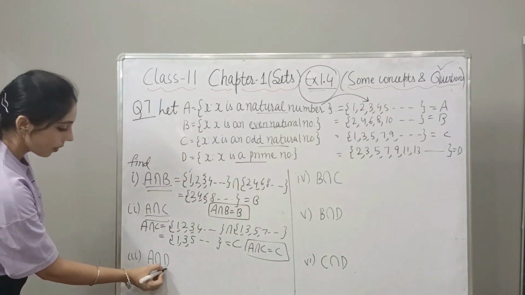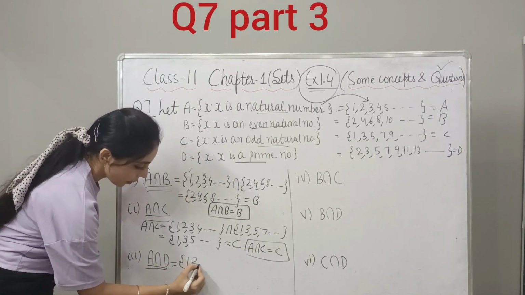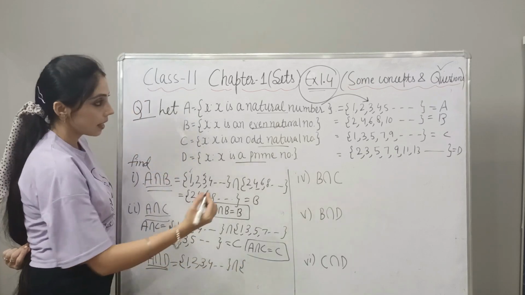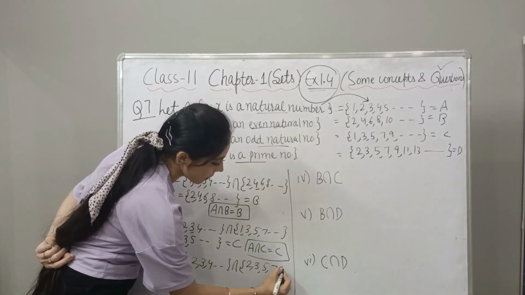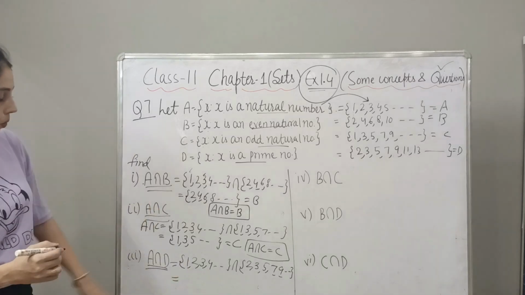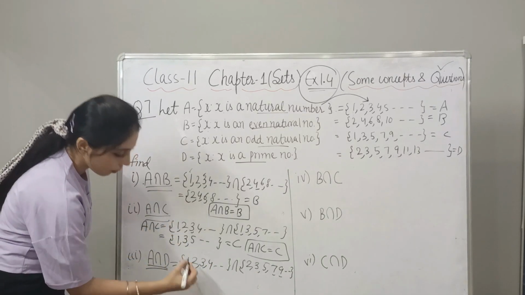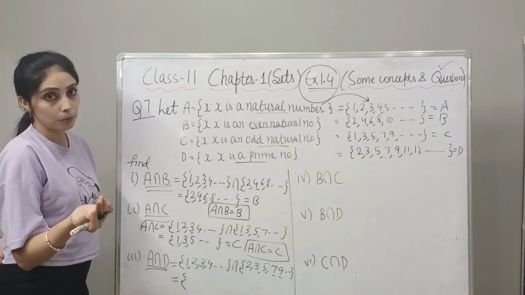Okay. What about A intersection D? A is the set of all natural numbers. And D is the set of all prime numbers 2, 3, 5, 7, 9 and so on. So also in this intersection you will get all the prime numbers, because all the prime numbers are natural numbers but not all the natural numbers are prime numbers.